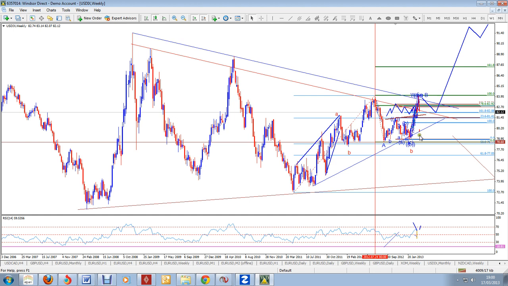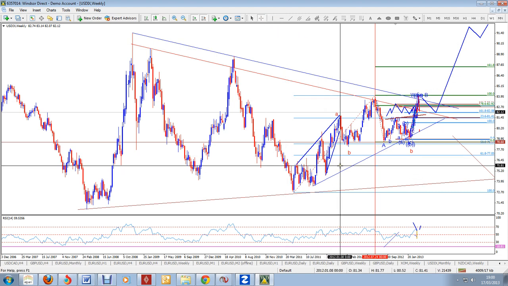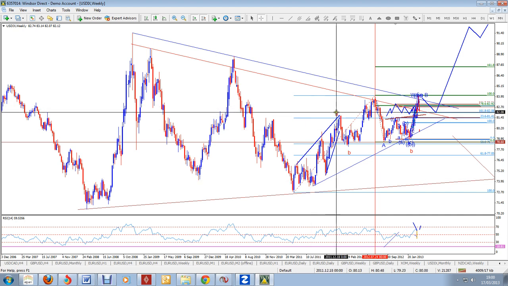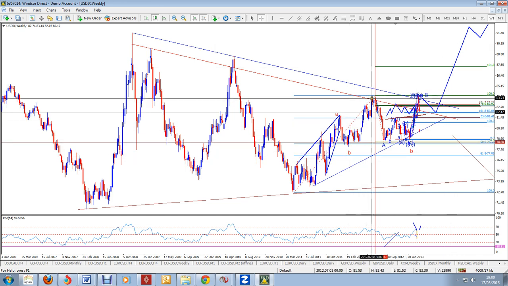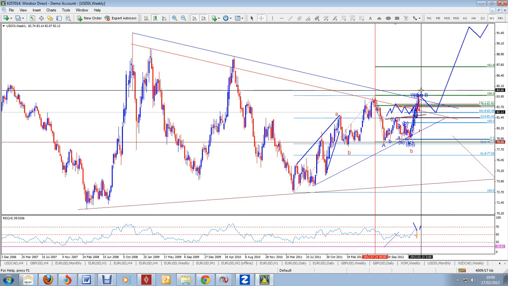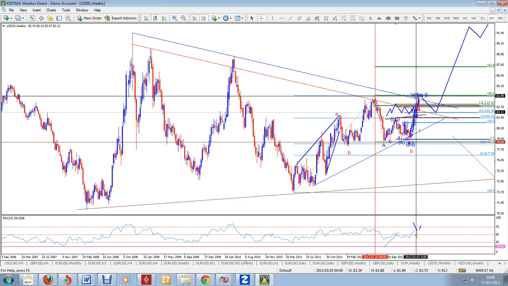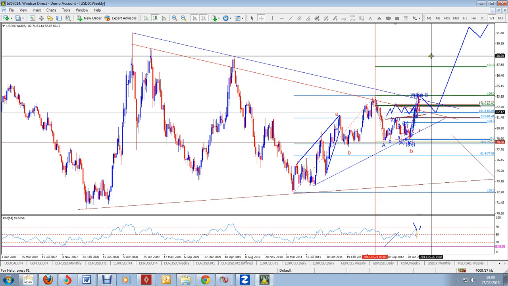I can't somehow find, I think if we were going to go up, we would have had a much stronger wave up. The only other possibility is that we would have had this one as a wave A, then we've got this as a B, and then on the second cycle we got this as an A, B and C. So even that suggests that C can go up to there.